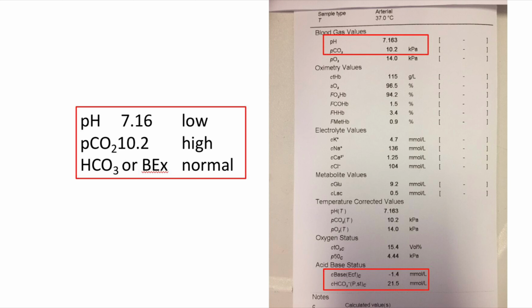The acidosis can only be respiratory or metabolic. Now, as the CO2 is high, we know that high CO2 can make acid. So this is a respiratory acidosis. We can also see that because the metabolic components, bicarbonate or base excess, are normal, there can be no metabolic disorder or metabolic part. So this is a pure respiratory acidosis.